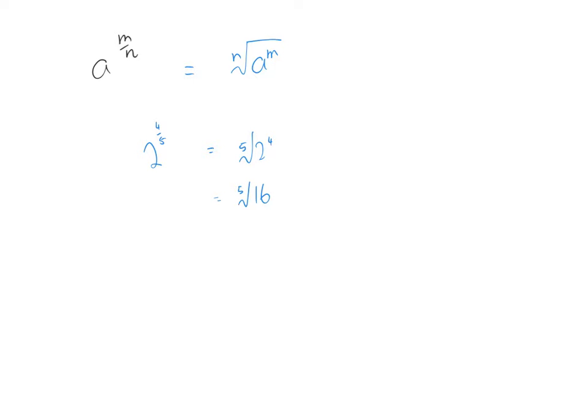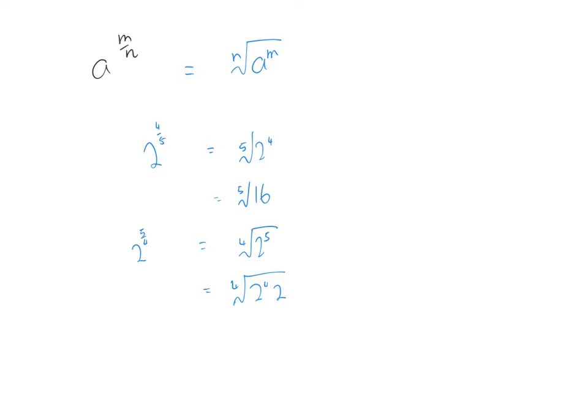But if we have an improper fraction, let's go 5/4 instead, 2 to the power of 5 on 4, that's the 4th root of 2 to the power of 5. But what we can do then is say that's actually the 4th root of 2 to the power of 4 times 2.